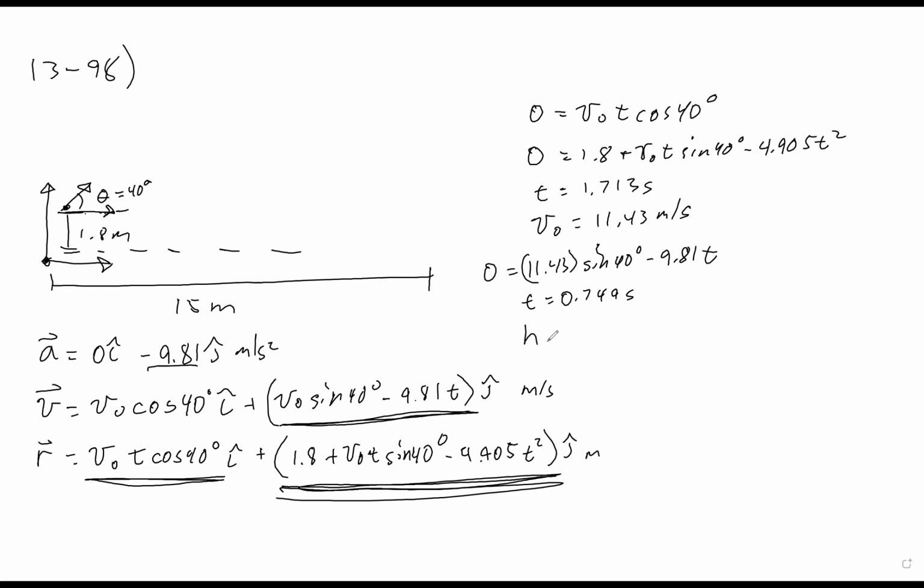So the maximum height is equal to this j hat function of the r vector, but with values that we know. So 1.8 plus the initial velocity of 11.43, then times the time that we just calculated, all right, sine 40 degrees, okay, minus 4.905, and then times the time, 0.749 seconds squared.